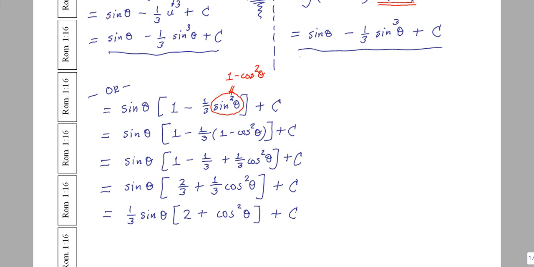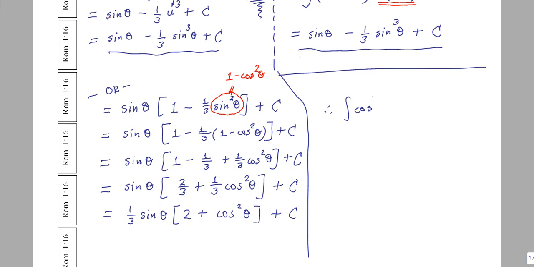So let's summarize. The integral of cos cubed theta d theta is equal to sine of theta minus a third of sine cubed theta plus a constant of integration.